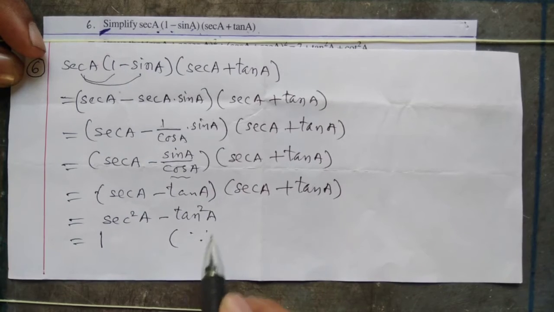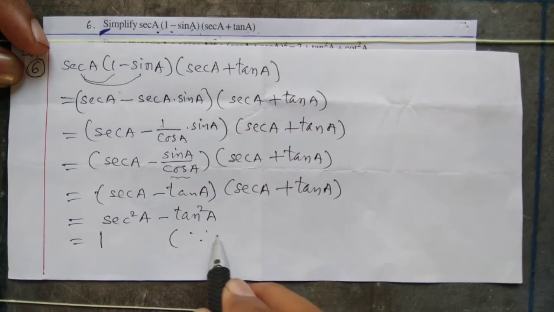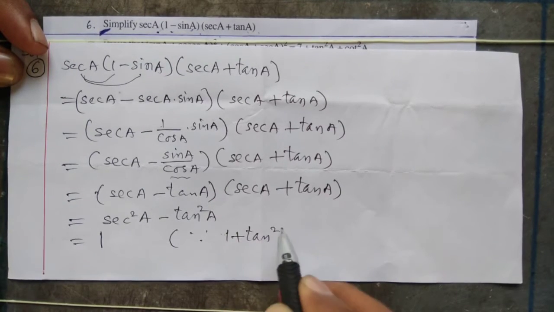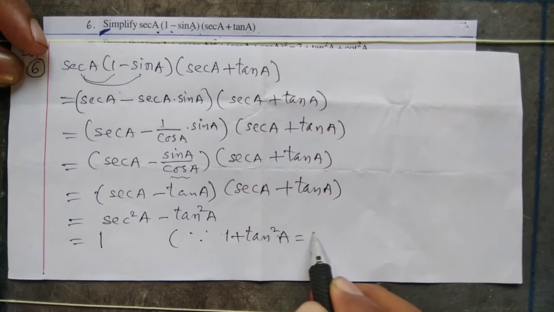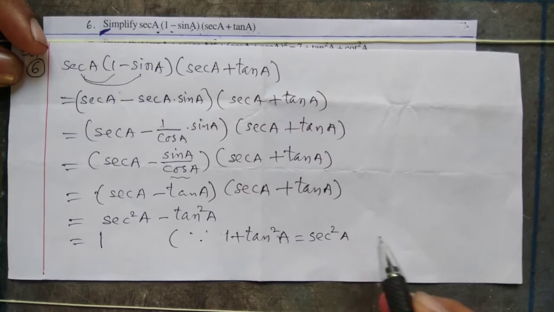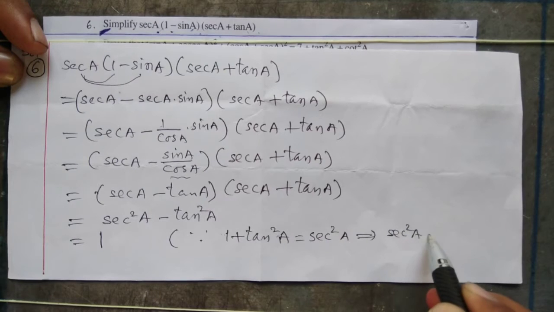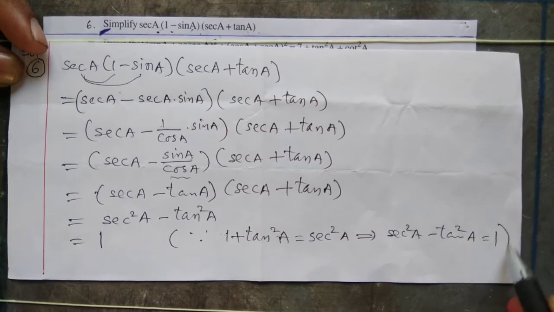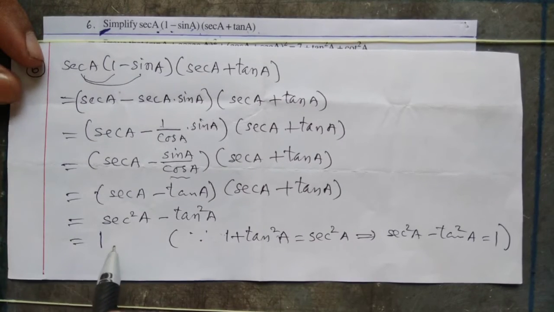We know the formula, 1 plus tan square A is equal to sec square A, then sec square A minus tan square A is equal to 1. Therefore this is the answer.